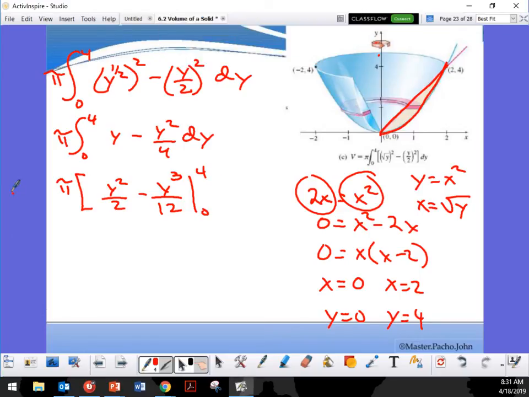Okay, so let's see, we're going to get 16 over 2 minus 64 over 12 and minus 0. It's 8 pi over 3. Okay, so 8 pi over 3.